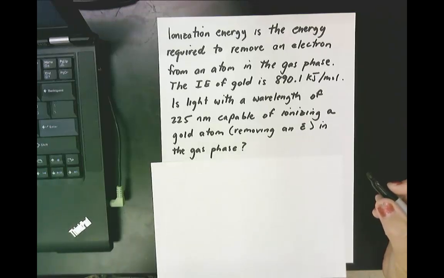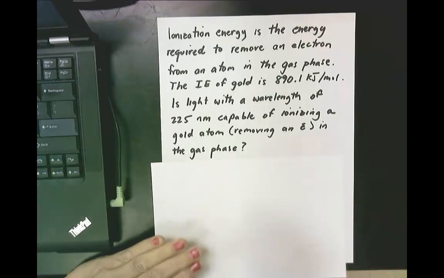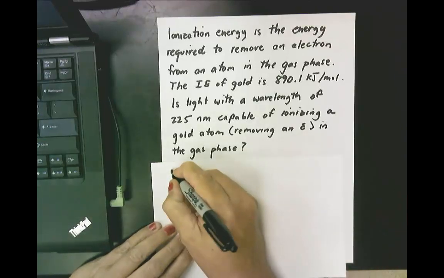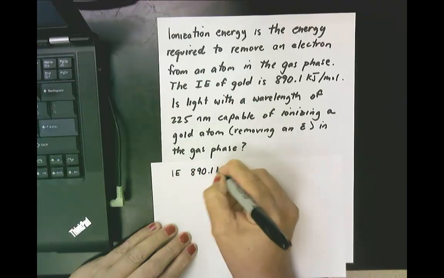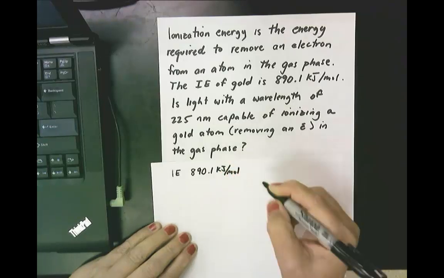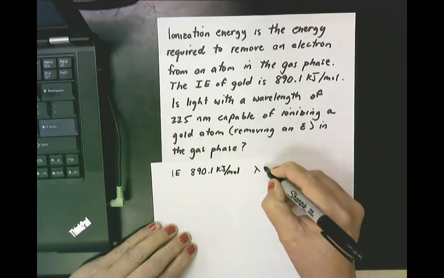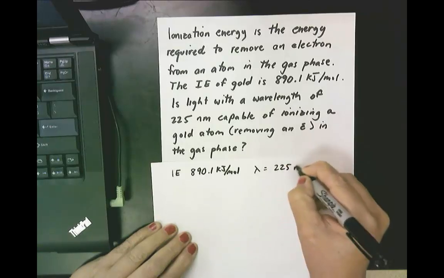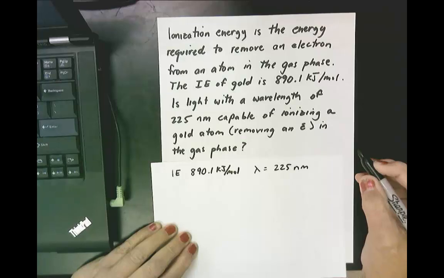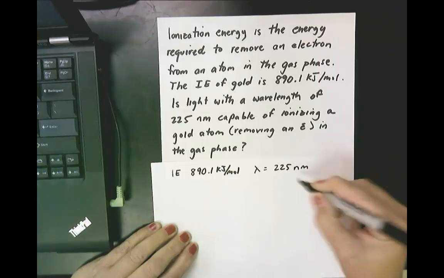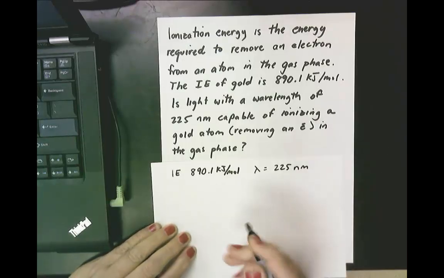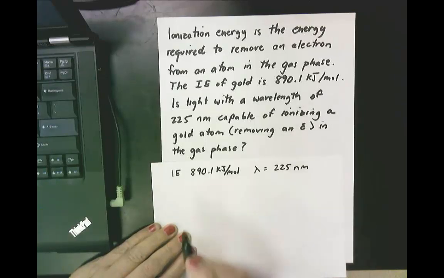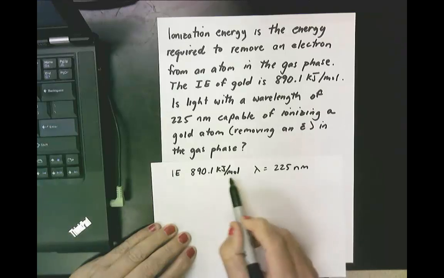Okay, so we would solve this using Planck's equation. So let's write down everything we know. We know the ionization energy is 890.1 kilojoules per mole. We've got a wavelength of 225 nanometers, and then, is this wavelength capable of ionizing an electron from one atom? Okay, so let's get the ionization energy for just one atom.